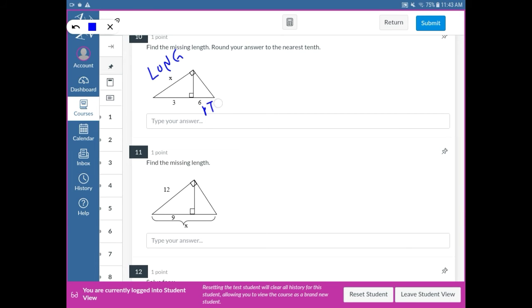Alright, so this is the long side, this, oh wait, no, this isn't right. The picture is funky. This is actually the short side. And then 3 is part 2. I'm sorry, 6 is part 2, 3 is part 1. So then you plug in the formula.